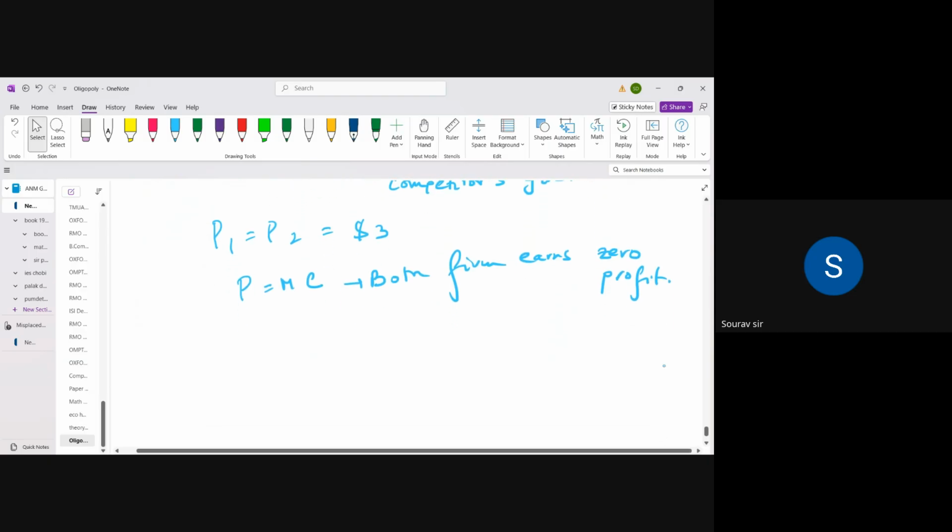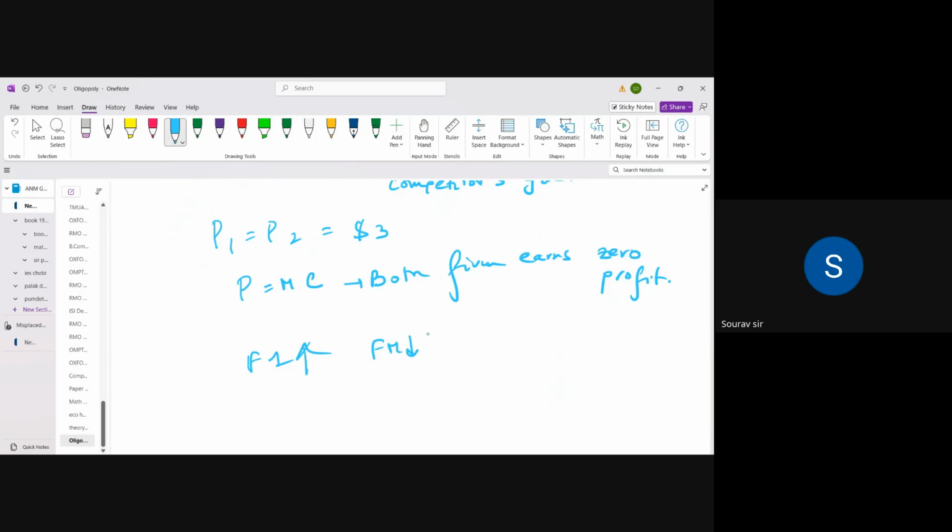To check that this outcome is a Nash equilibrium, we ask whether either firm has any incentive to change its price. Suppose firm 1 raised its price. It will then lose all of its sales, because everybody will buy from firm 2, so it is no better off.